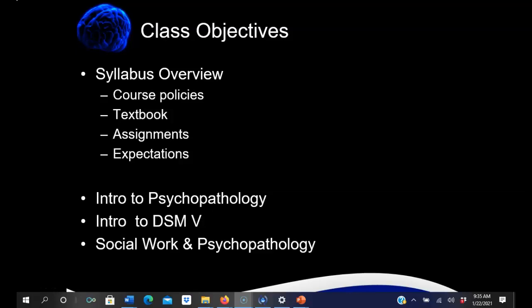You will also be using the DSM-5 in your group work, as you will be selecting a disorder that is not already covered in class, and you'll be educating the class in a PowerPoint presentation of a disorder. And so you'll also be using the DSM-5 for that. We'll also understand the specific role and contribution that social work plays in mental health, in psychopathology specifically.